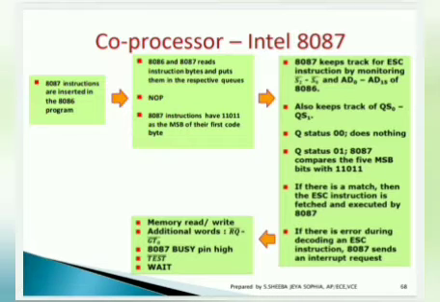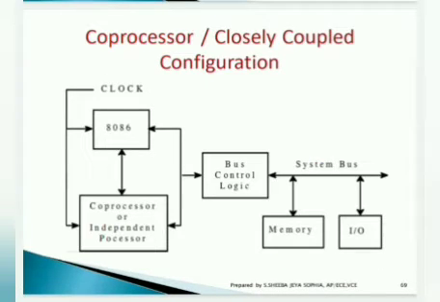The below diagram clearly explains the coprocessor connected in the closely coupled configuration, where 8086 is the main processor. Below that, the coprocessor or independent processor is given. Both share the same bus control logic, same system bus, the same memory as well as IO devices. Also the input clock generator is shared between the main processor as well as the coprocessor.